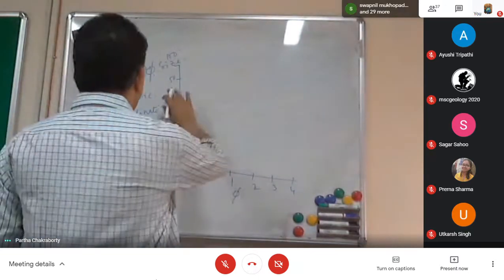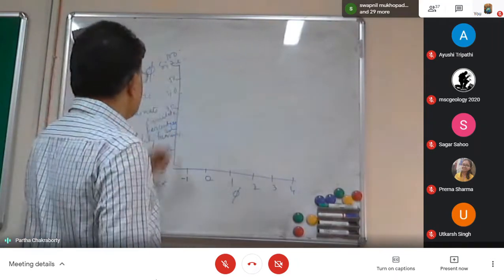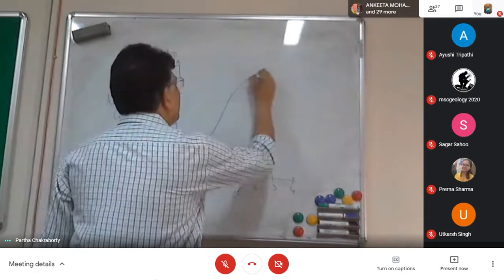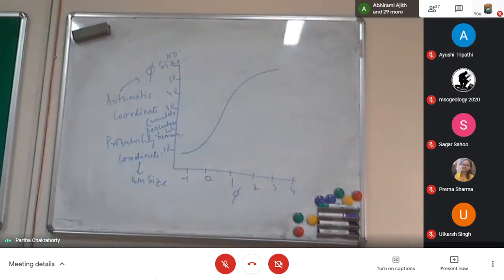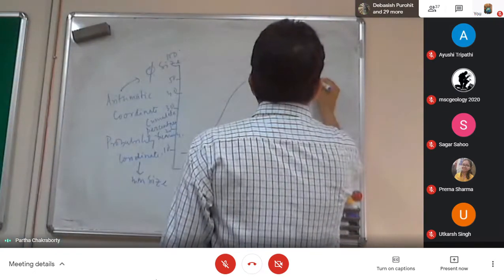Now what I will get in this kind of scale, the arithmetic scale, is a curve which may be an S curve. Okay? An S curve. Actually, what I am doing is starting with a normal distribution problem.